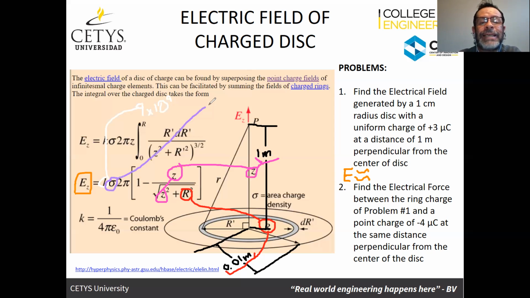In this case, it isn't going to be a linear density but a superficial density, because we have a surface. The superficial density is equal to Q, the total charge, divided by the area. And Q is 3 microcoulombs, which is 3 times 10 to the 6.